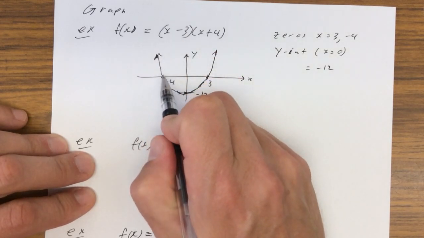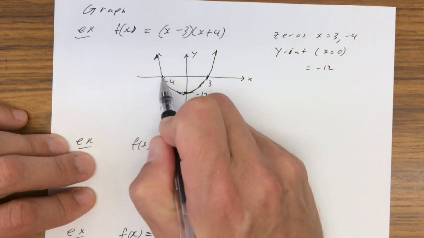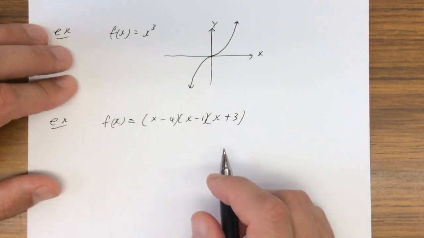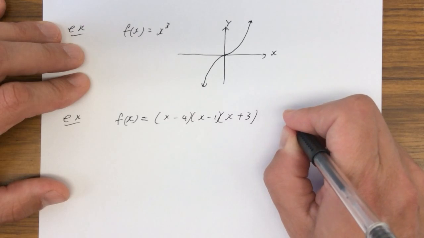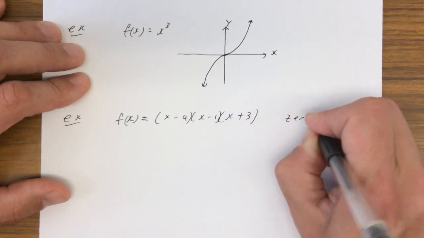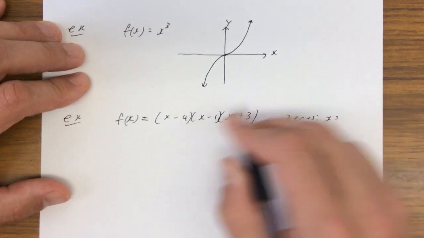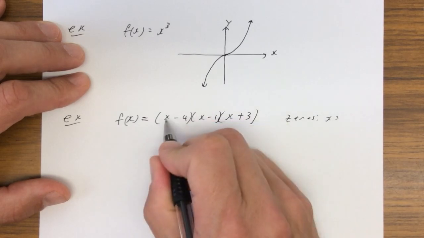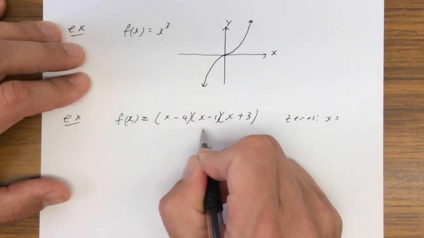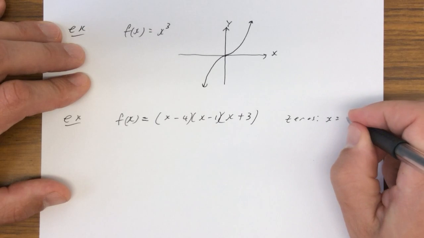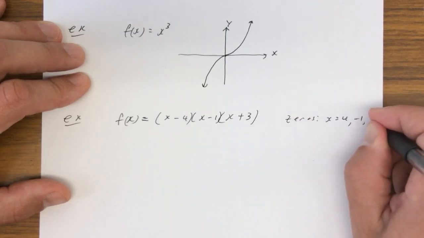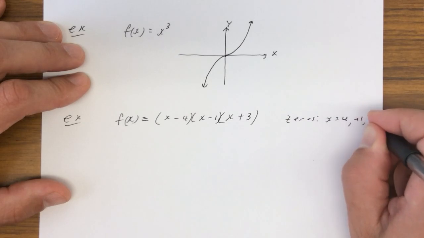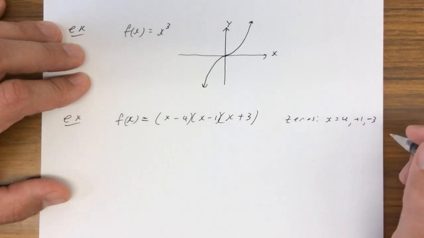So you're trying to solve for the values of x that make y 0. In this case, x equal to 4 makes this whole thing 0. 4 minus 4 is 0. 0 times anything is 0. So 4, positive 1, and negative 3.